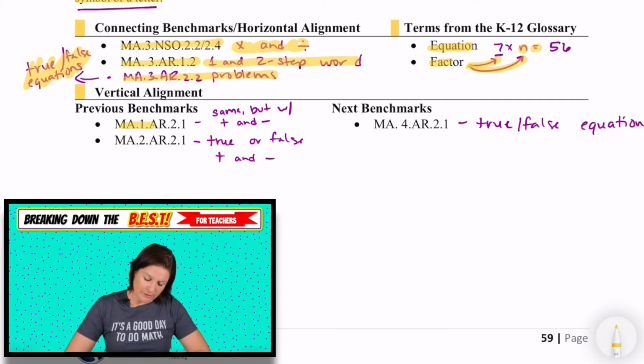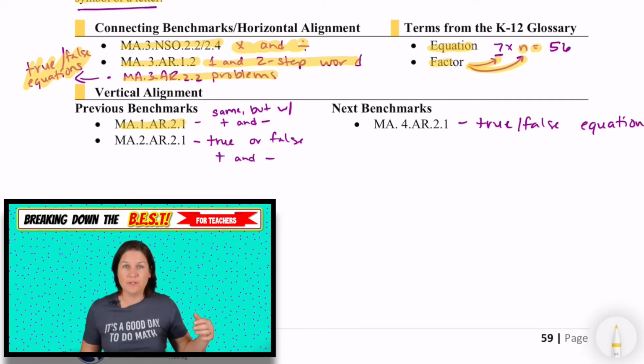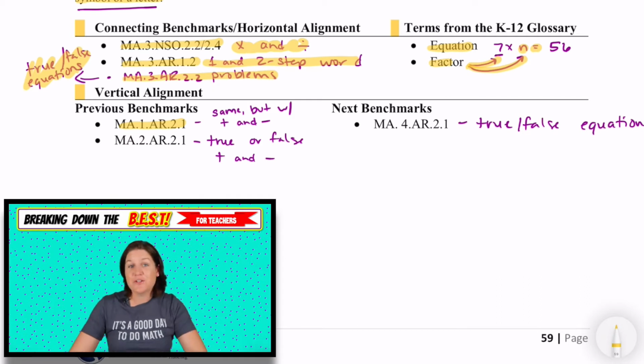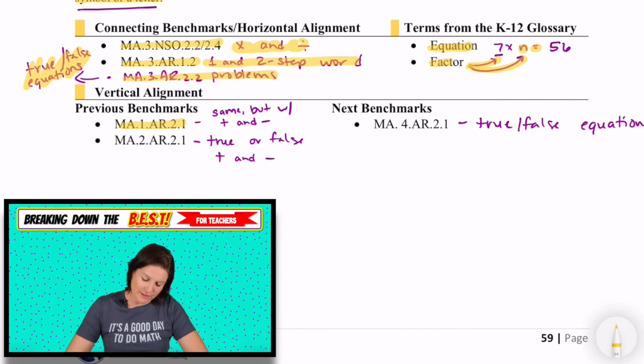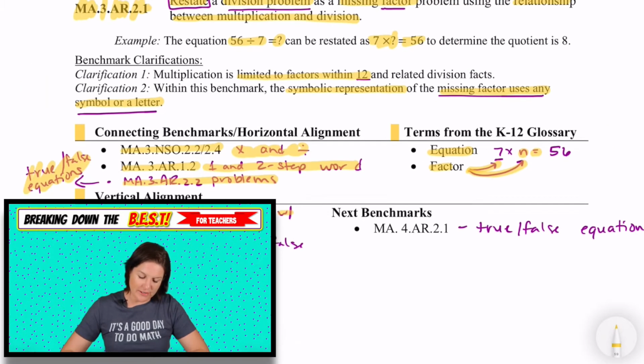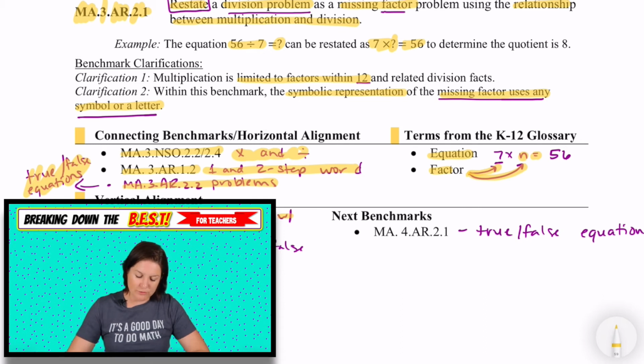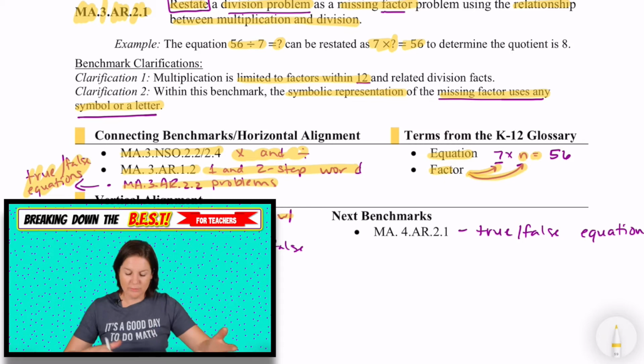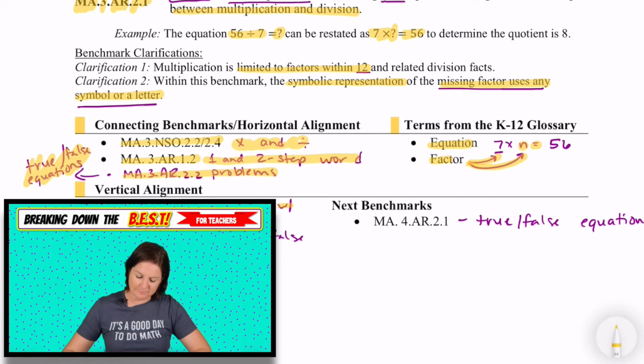In first grade, let's talk about some vertical alignment, and going way back to first grade, they should have done the same kind of thing, but with adding and subtracting. So if you look at the standard in first grade, it says restate a subtraction problem as a missing add-in problem showing the relationship with adding and subtracting.